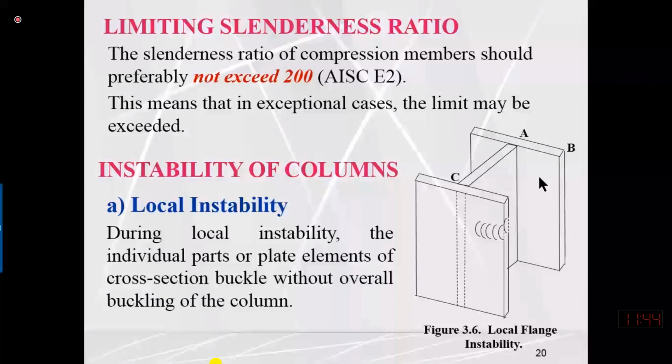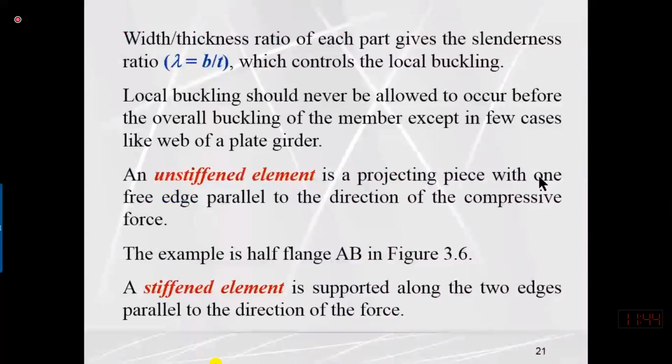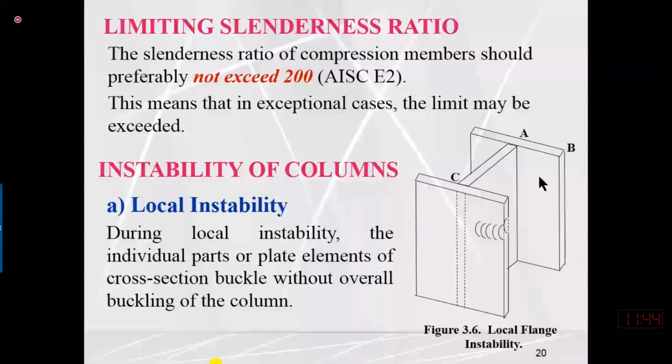So how to control the buckling? AISC says that if there is a chance of buckling, we use the width over thickness ratio. The width of the stiffened element is the height of the web, and the width of the unstiffened element in an I section is from A to B, which is half the flange length. Width divided by thickness of the element is lambda, the slenderness ratio of the stiffened or unstiffened element.